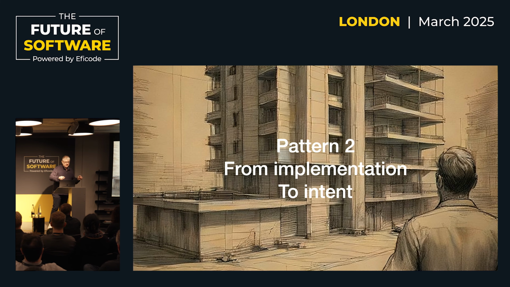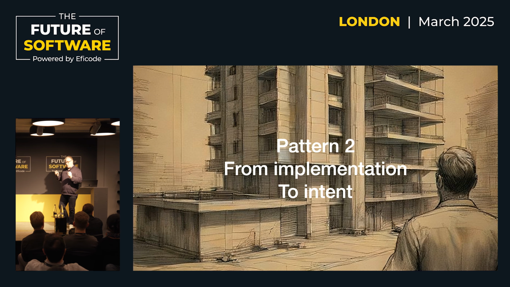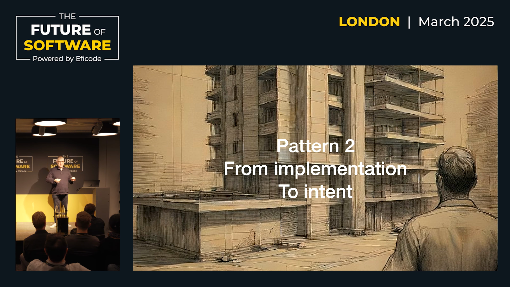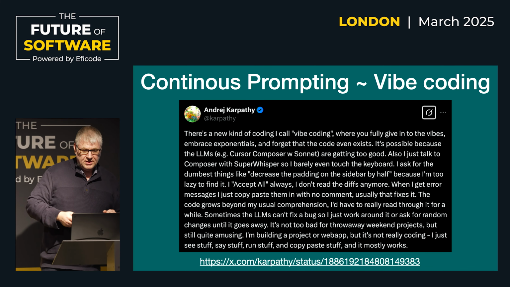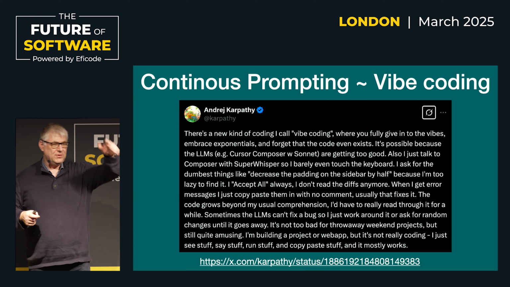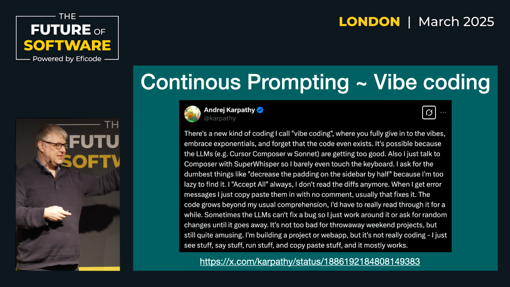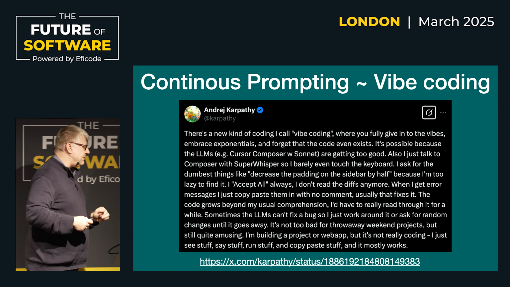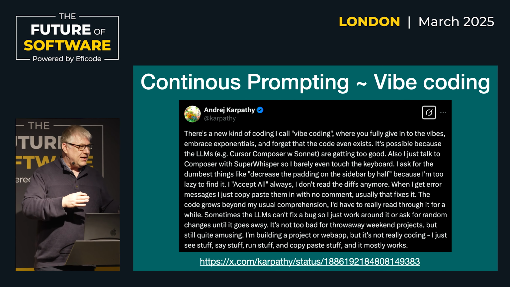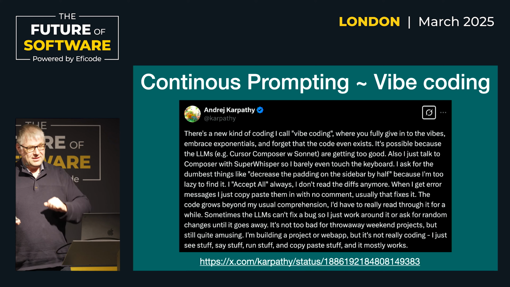So the next pattern is we're going to specify more what we want instead of worrying about the implementation. So what are a few signs that I saw? Yes, the obligatory vibe coding. We just accept what it does. We tell it in a chat prompt, and we just do this continuously. Great for prototyping. When the AI gets really good, maybe we don't have to worry about it, but still.